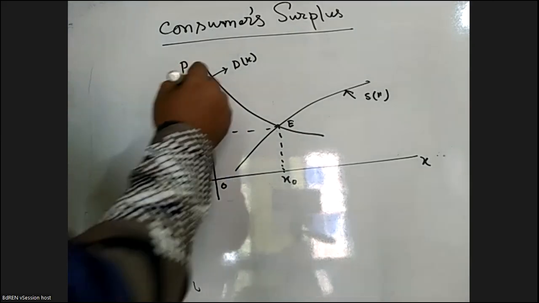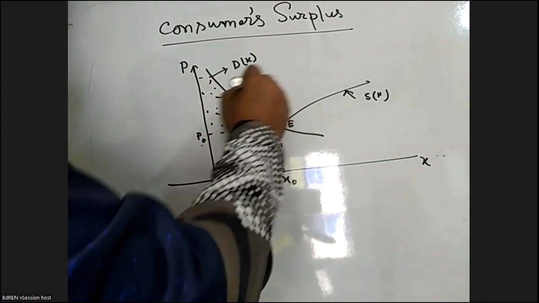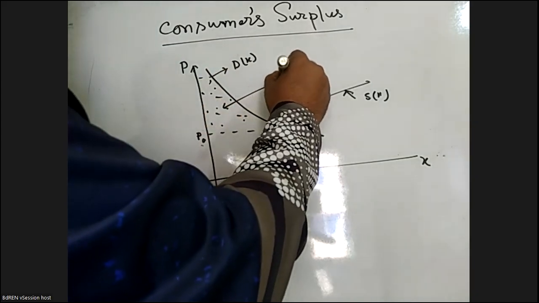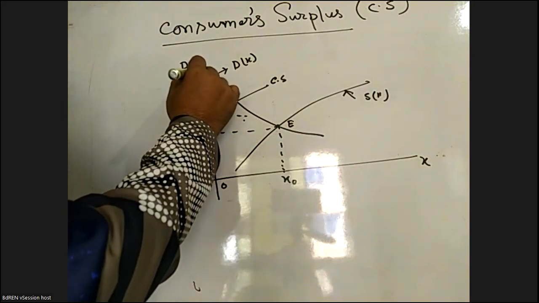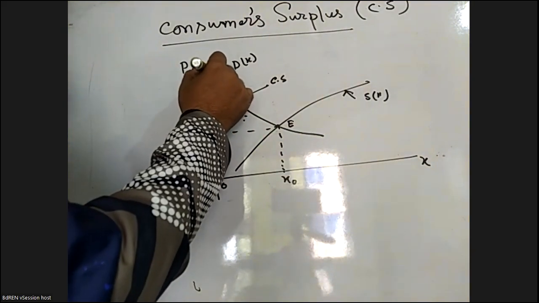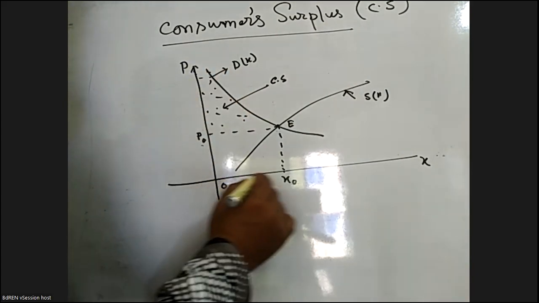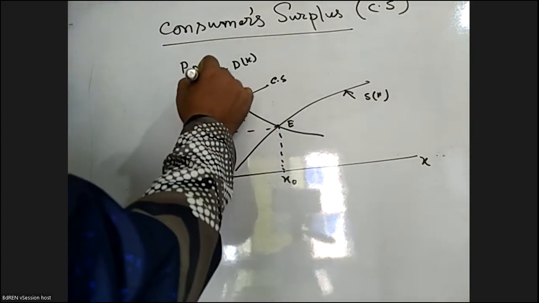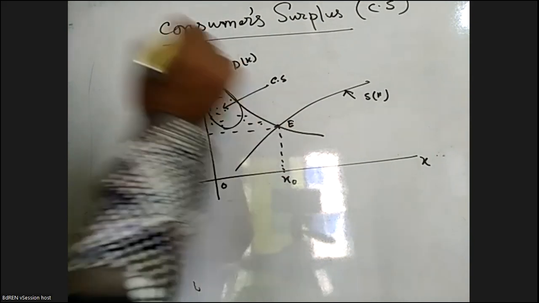Now if we shade this area, this shaded area is indicated by consumer surplus, CS. How can we find this area? By integrating Dx from 0 to x naught, we get this whole area.